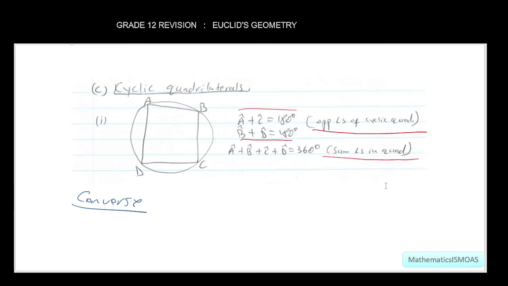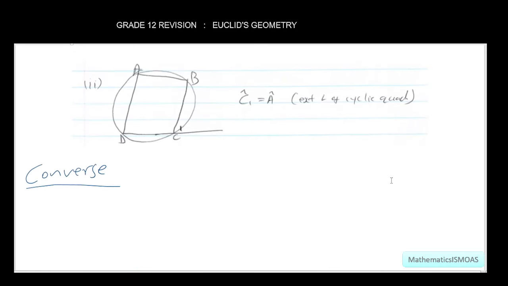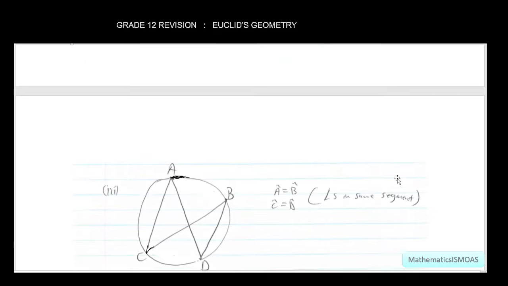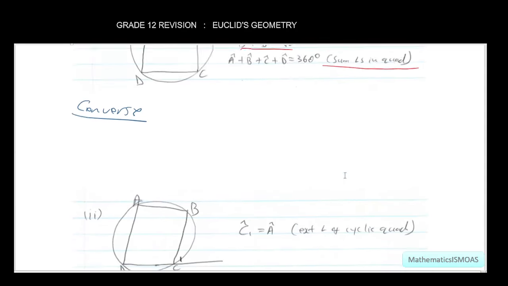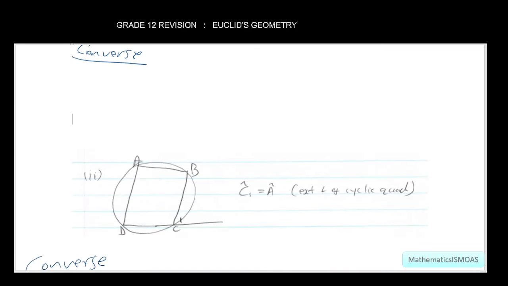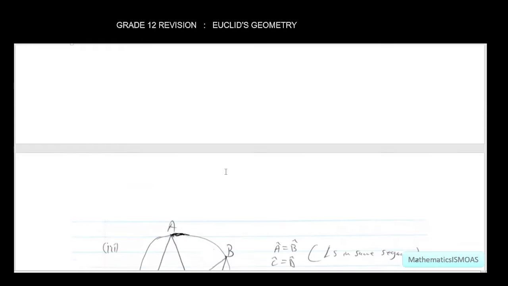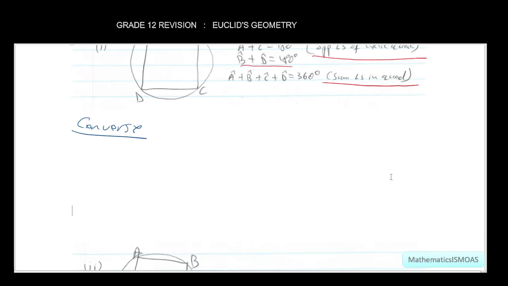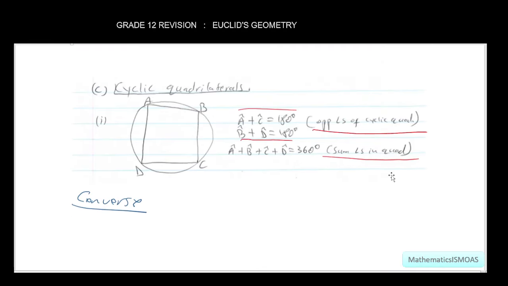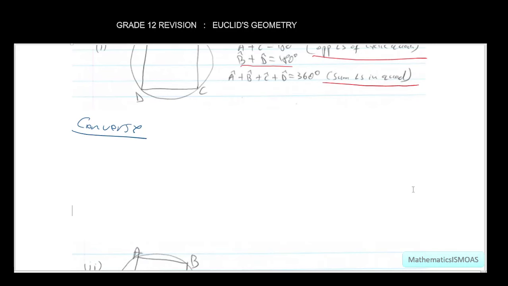All right. And then the converse of our cyclic quadrilateral. Let's say we are having a quadrilateral PQRS.